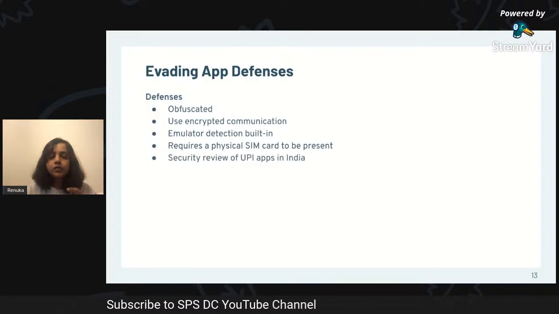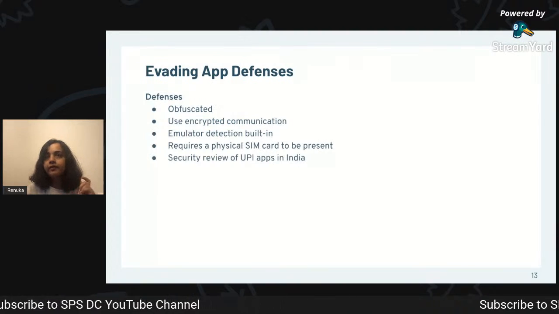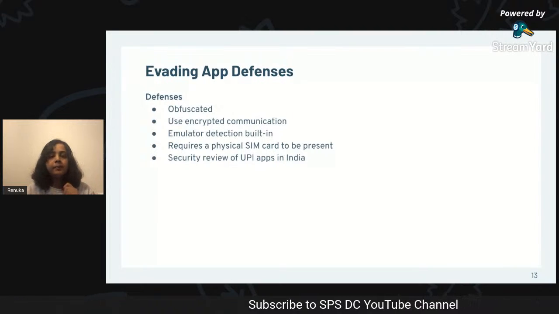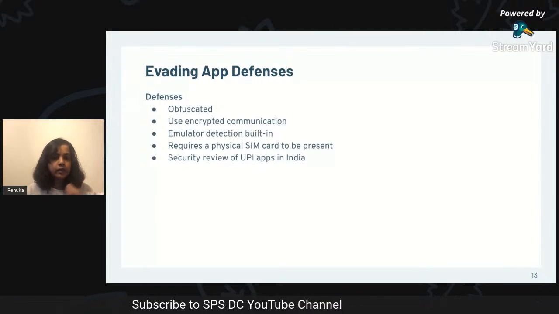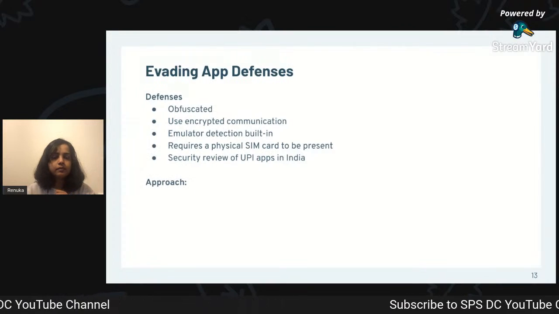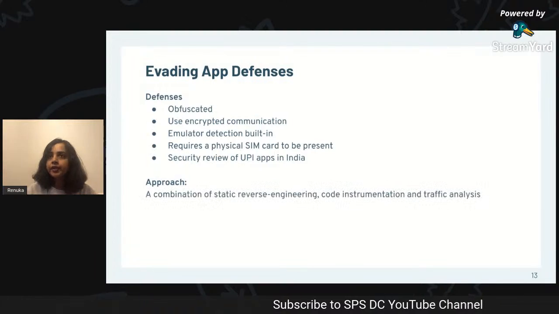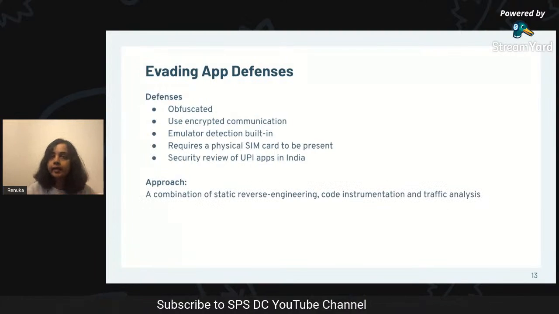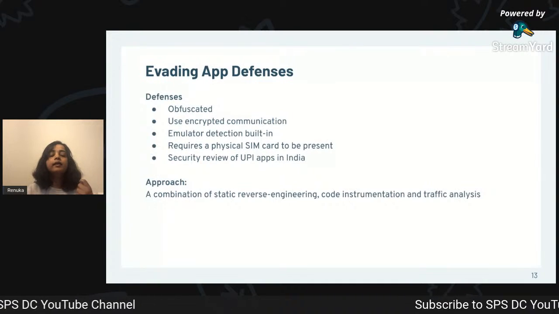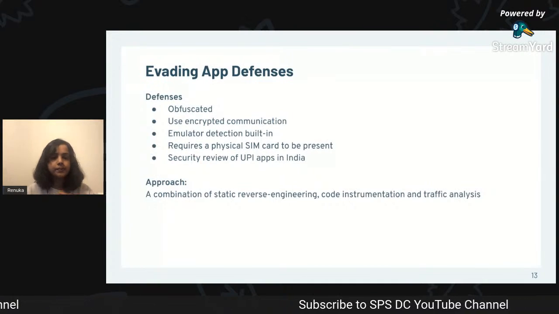And most of all, these apps were thoroughly reviewed by NPCI before being allowed into the market. So they had a security review process for these apps. So the approach we took is a combination of static reverse engineering, code instrumentation, and traffic analysis, depending on the app that we used.